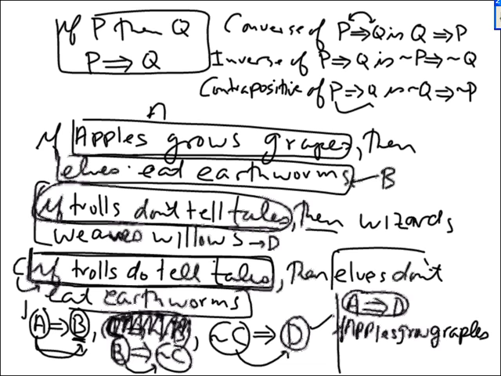If apples grow grapes, then D. And D is wizards weave willows. And there's the answer. What can we conclude? If apples grow grapes, then wizards weave willows.